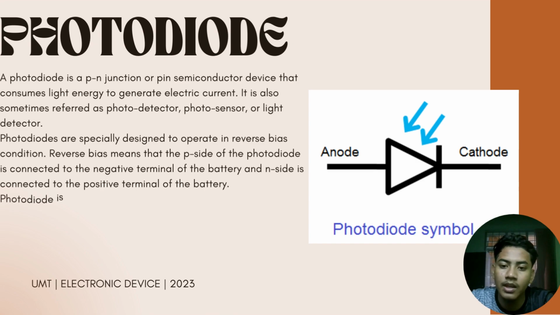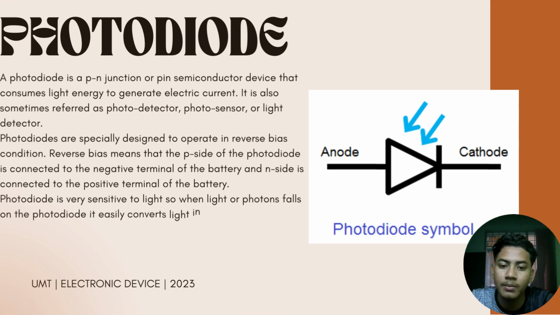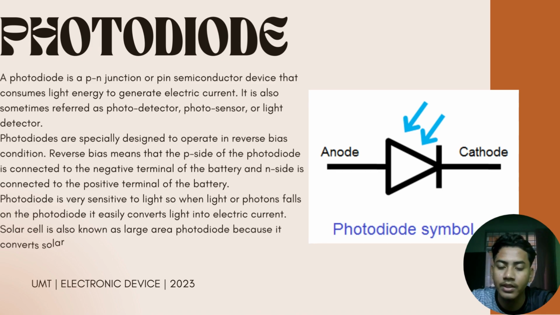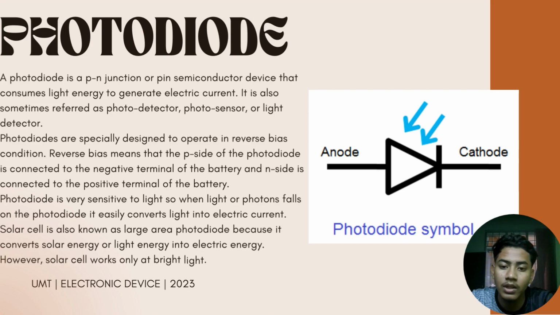Reverse bias means that the P side of the photodiode is connected to the negative terminal of the battery and the N side is connected to the positive terminal of the battery. A photodiode is very sensitive to light, so when light or photons fall on it, it easily converts light into electric current.